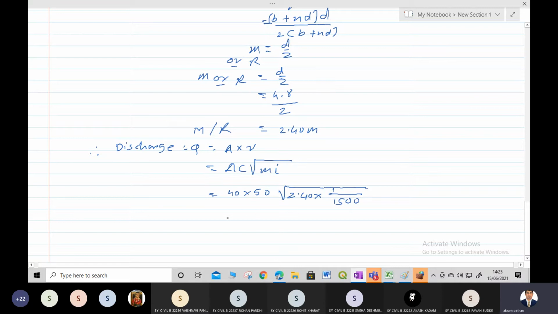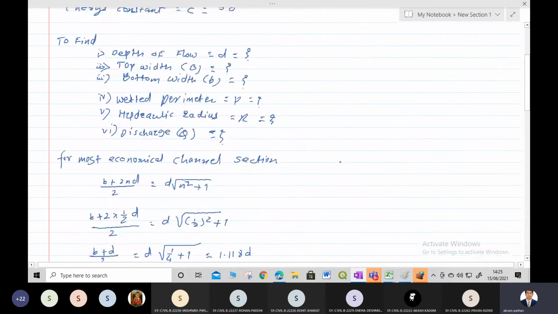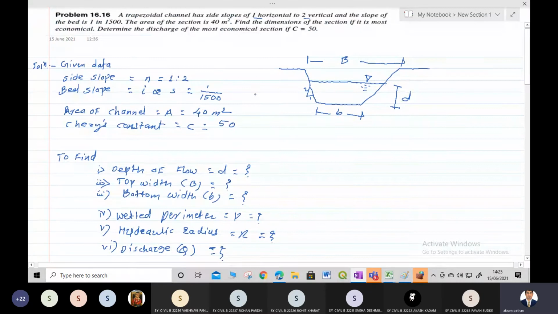So with the help of this formula, you have to find out the discharge. So what should be the discharge now? 80 meter cube per second. Okay, 80 meter cube per second is the discharge. So this is the complete procedure for the design of a trapezoidal channel section.